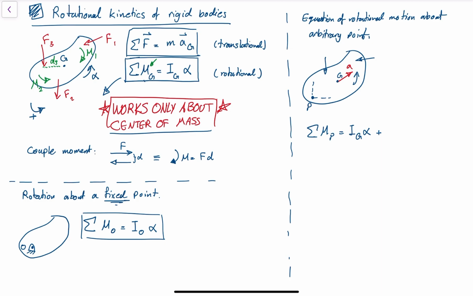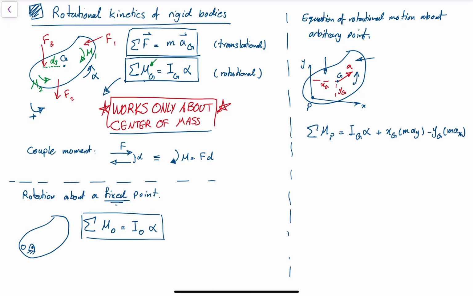Let's make this like this. This is X, this is Y. Your center of mass is at a distance x sub G and y sub G. You have to account for the moment of linear acceleration, which is going to be xg times m-ay minus yg times m-ax.